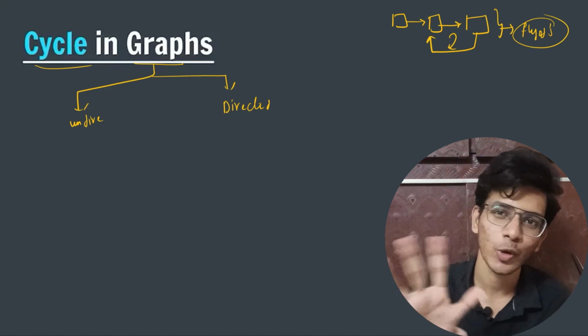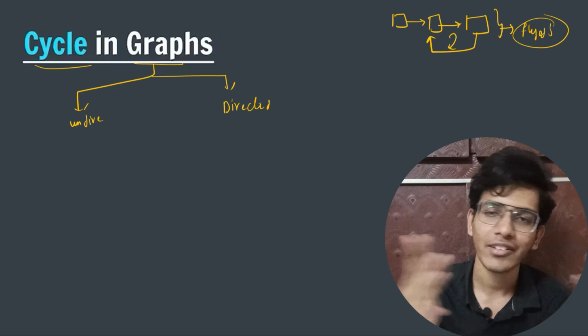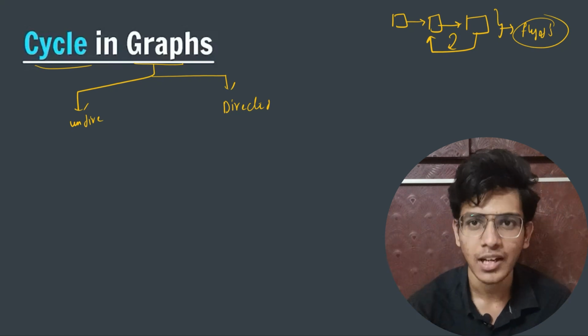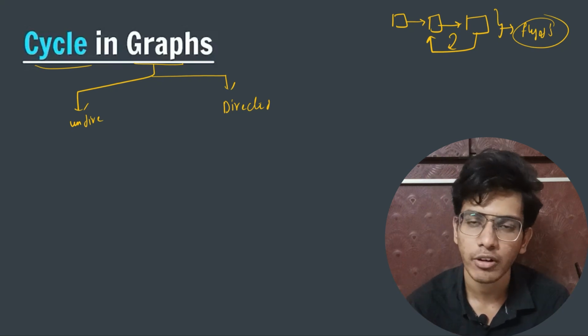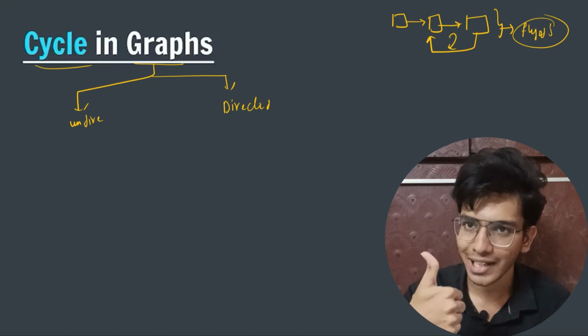And in trees we don't have any cycles. We haven't seen a condition where a cycle forms in trees, whether it is AVL, BST or whatever.